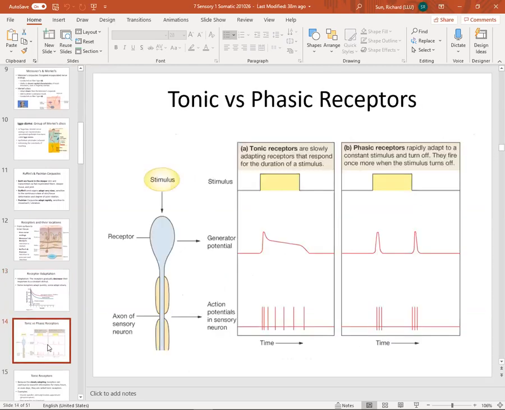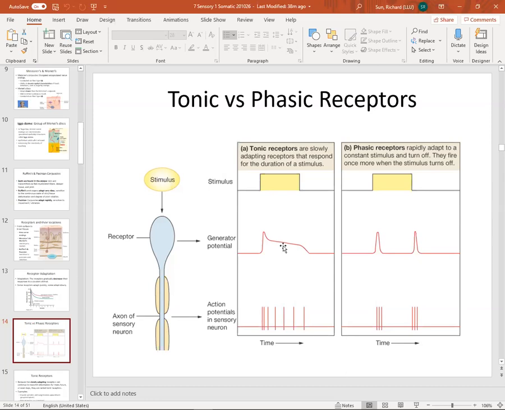Two types of receptor: slow adapting receptor and fast adapting receptor. For example, this one is the slow adapting receptor. So it doesn't stop working, right? This one is also called a tonic receptor. Here is a stimulus into the nerve, and as long as the stimulus is on, it will generate action potentials continuously.